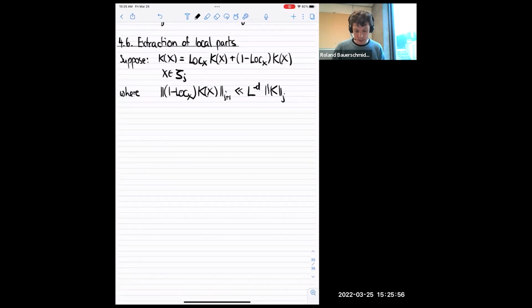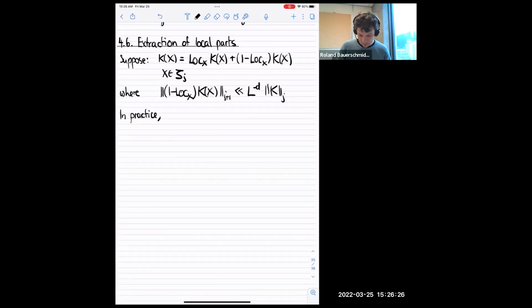Let me comment a little bit on what this log X of K of X is supposed to be. This is the kind of assumption we want to make, that we have this structure, and then see what we can do. Excuse me, is there an assumption on the other part?